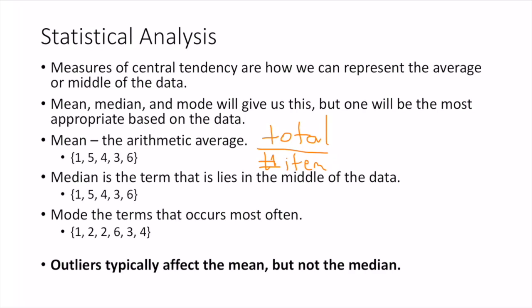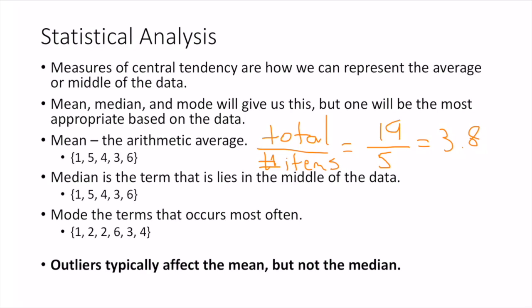So in this case, 1 plus 5 is 6, plus 4 is 10, plus 3 is 13, plus 6 is 19. My total is 19, and I have 5 items. So my average here is just 3.8, or my mean is 3.8.